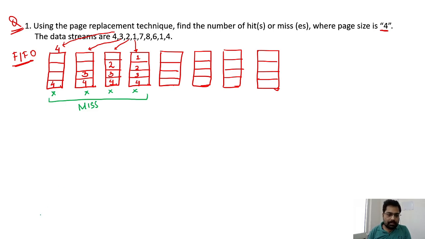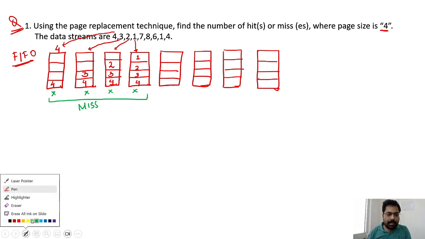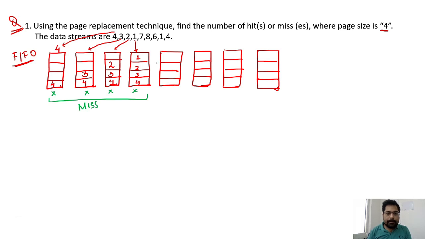Next, we have 7. So first come, first serve. Whichever is coming first, that will be replaced. So 4 was the first, then 4 will be replaced, and 3, 2, 1. The data is not there and CPU is asking, that is why page replacement is done. If the data is available, then we say there is a hit. If data is not available, we need to replace, means there is a miss.